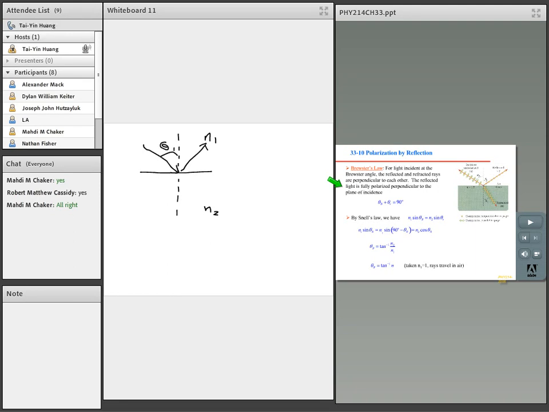The reflected angle, let's say theta 1 prime, has to be the same, so theta 1 equals theta 1 prime. This is what we call the law of reflection, and it's so common sense.